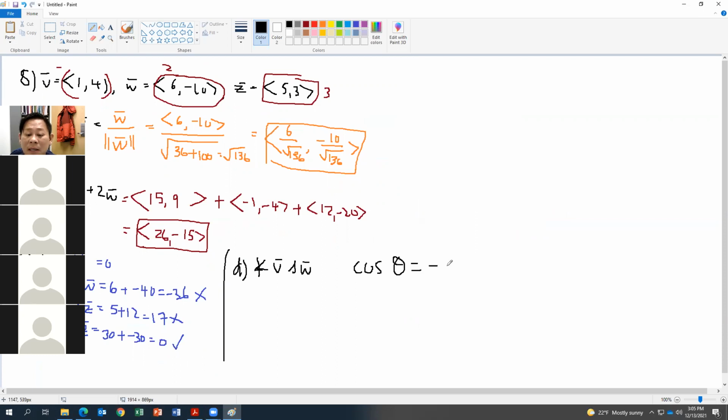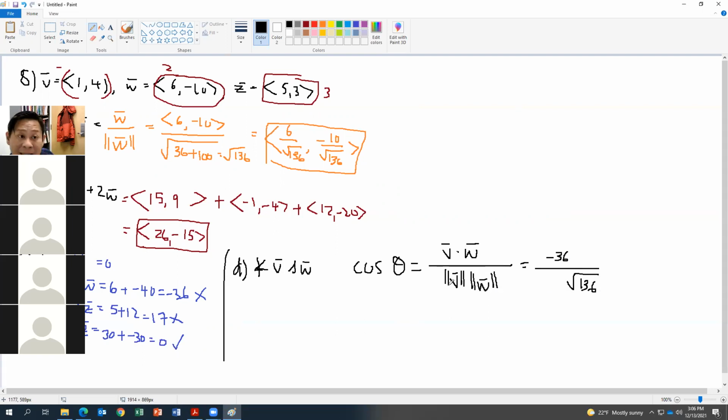The formula in this case is cosine theta equals the dot product of the two vectors, in this case V and W, over the magnitude of V times the magnitude of W. Now we did V dot W in part C. The V dot W in this case is -36. And we also did the magnitude of W in part A. The magnitude of W is square root of 136.